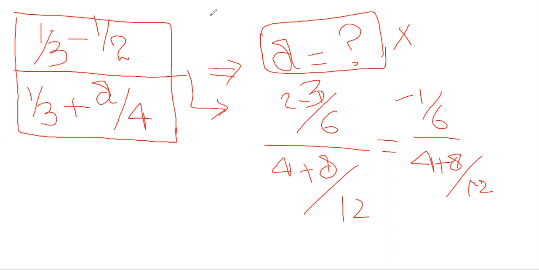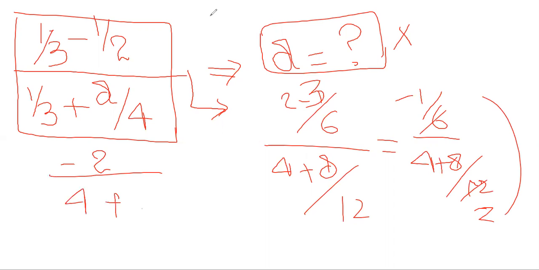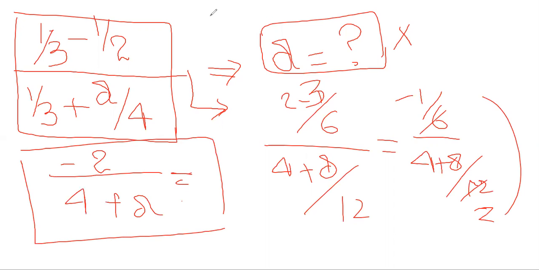So this will go up with this one, 2. So we have minus 2 over there, this will go up, and then 4 plus a. That was your answer, I think so. Let me check. Yeah, it's pretty much.